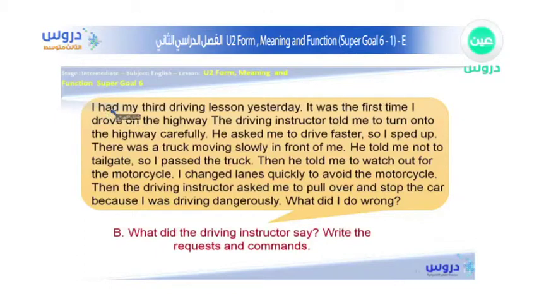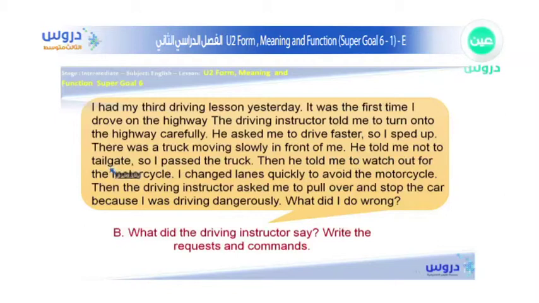Okay, listen. I had my third driving lesson yesterday. It was the first time I drove on the highway. The driving instructor told me to turn into the highway carefully. He asked me to drive faster, so I sped up. There was a truck moving slowly in front of me.